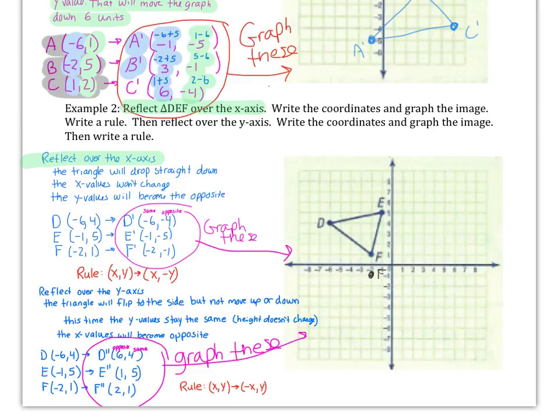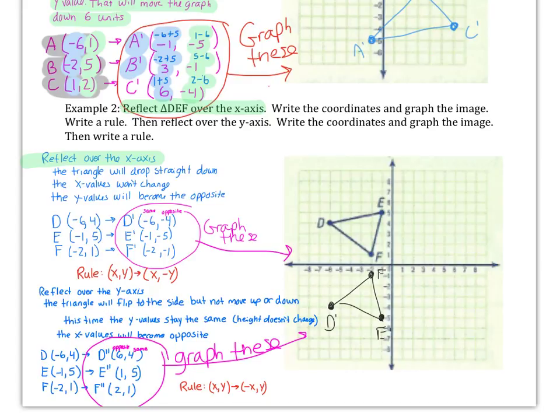E is up at positive 5, so it will be down here at negative 5. And D was at 4. So D will be down here at negative 4. Label this one as D prime. And this one is E prime. Again, if it is a reflection, it should look like it's upside down.